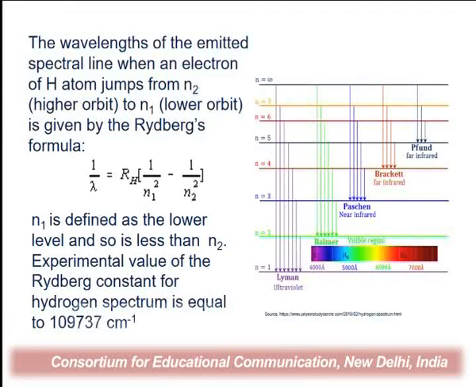From here we can calculate the value of the wavelength or the wave number of the emitted spectral line.